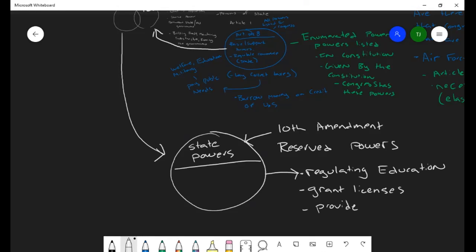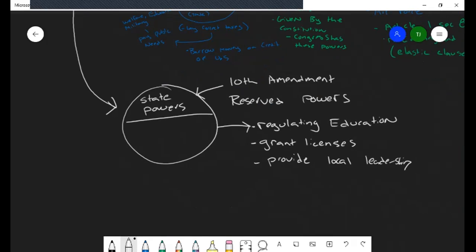Next one would be to provide local leadership, to set up towns, municipalities. Police and fire protection.